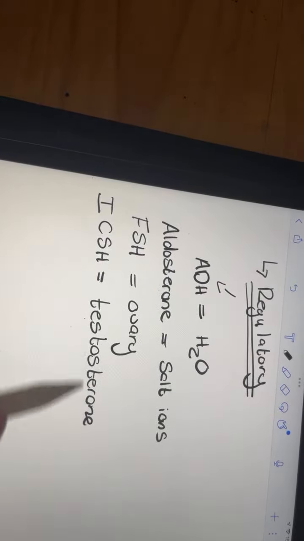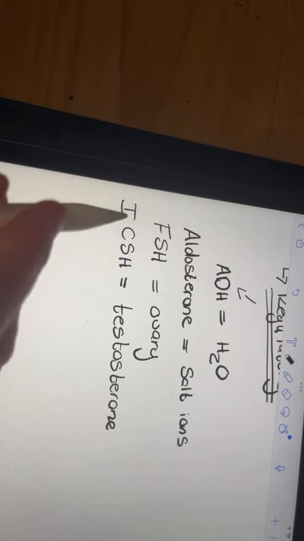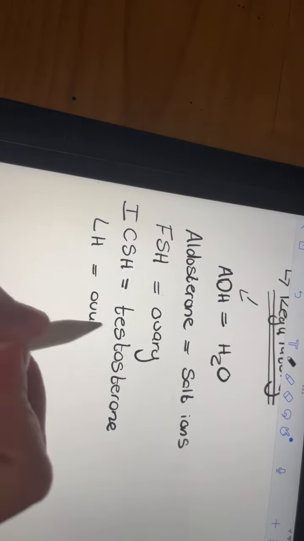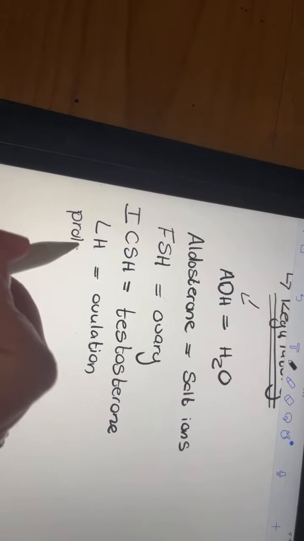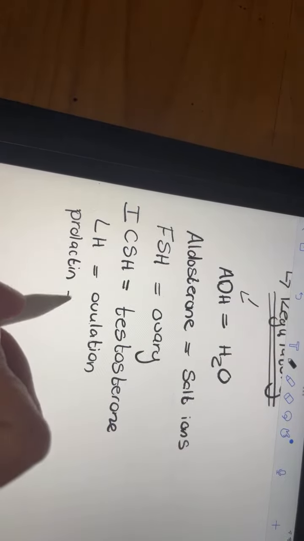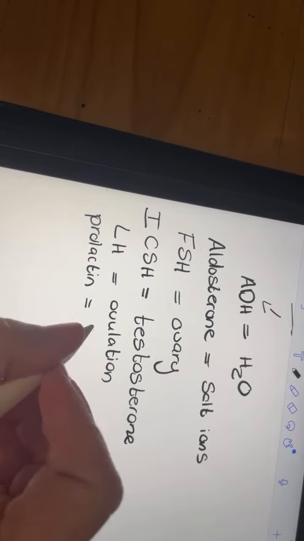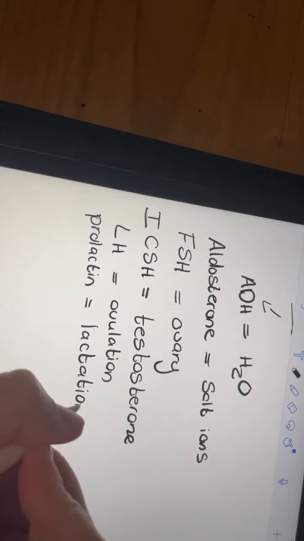What else? We've got LH, which is ovulation. Prolactin. They love asking that one, guys, by the way. Prolactin is lactation or breast milk.